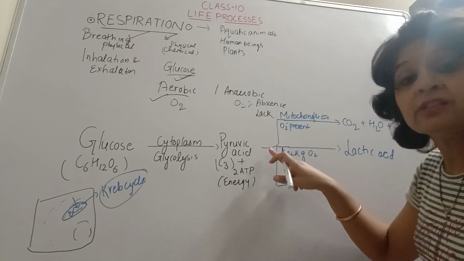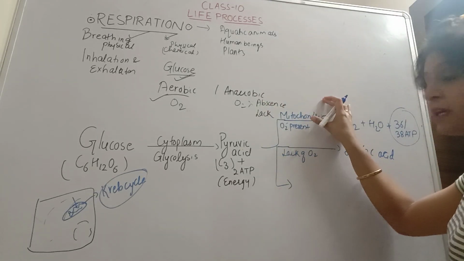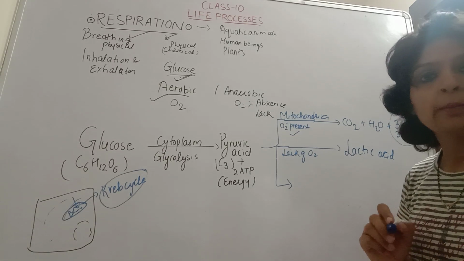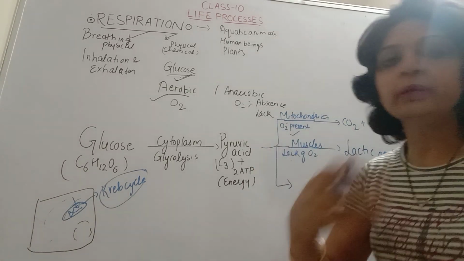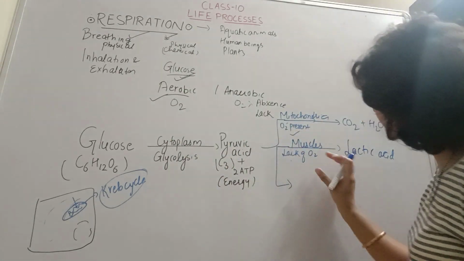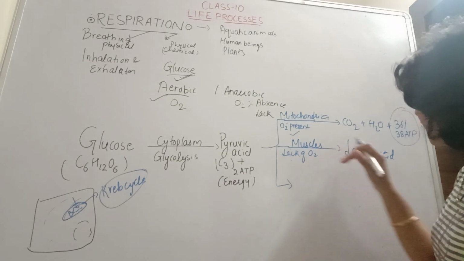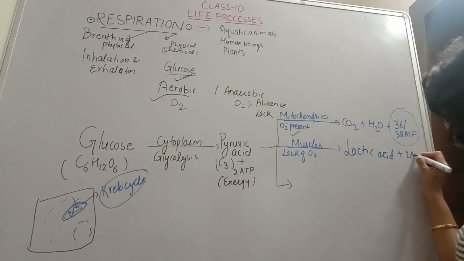The energy was actually made by the mitochondria only when oxygen is present. But in muscles, when you deliberately want energy, the muscles go a different pathway and form lactic acid. So the net energy that you get is 2 ATP molecules.